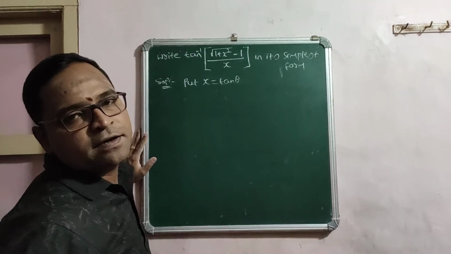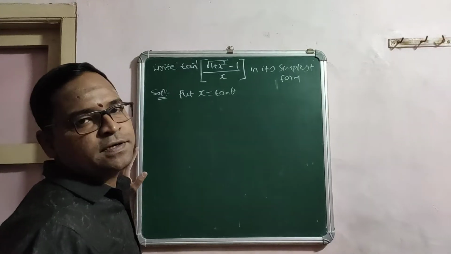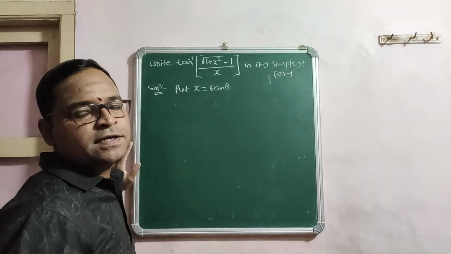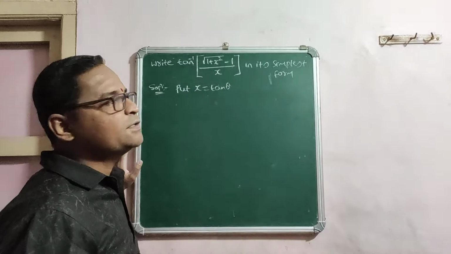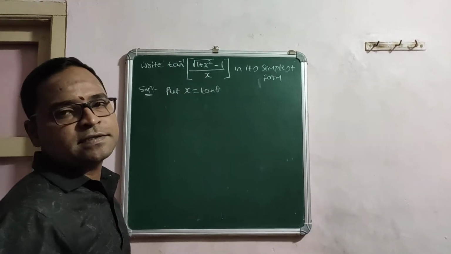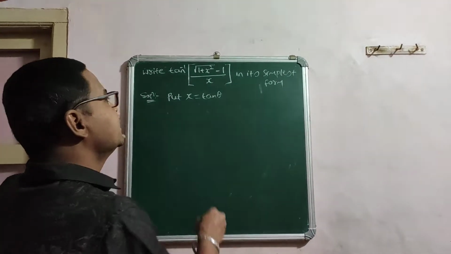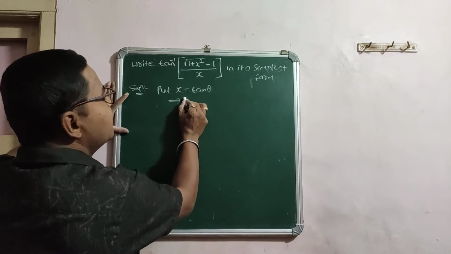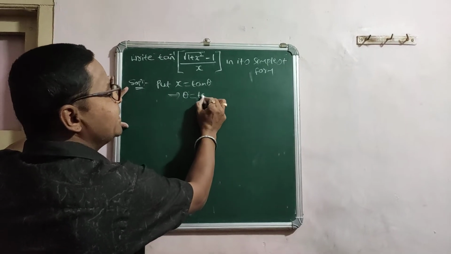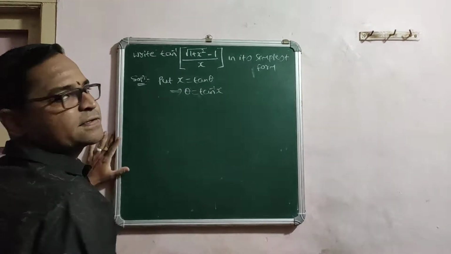This is what we have just now observed. Therefore the value of θ will be tan⁻¹ x.